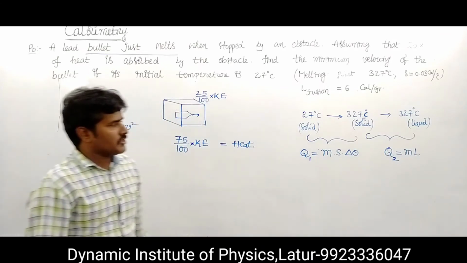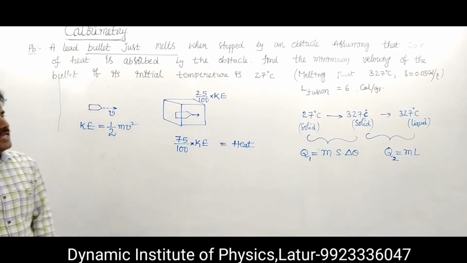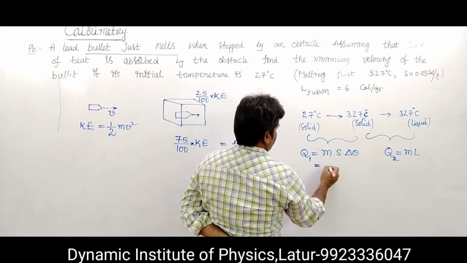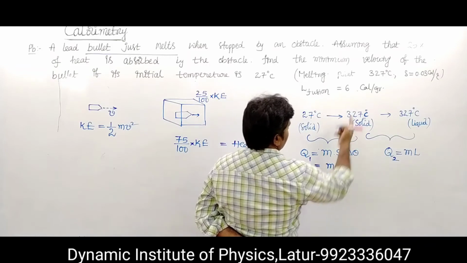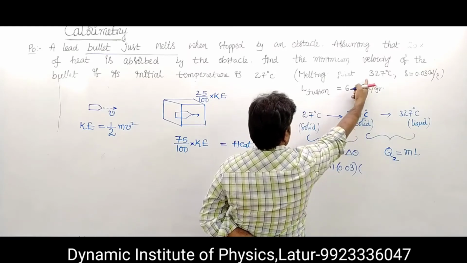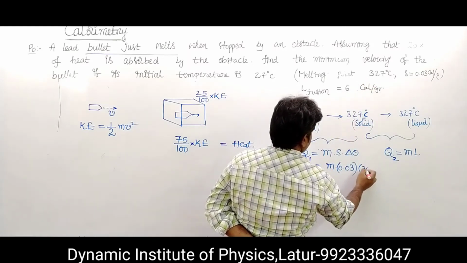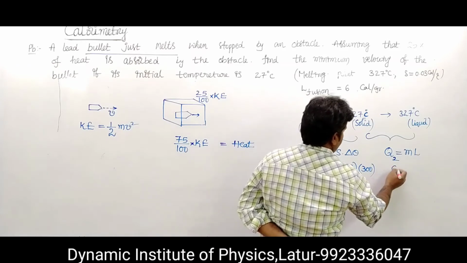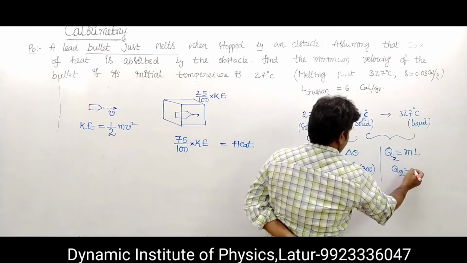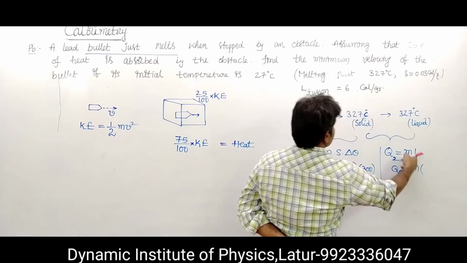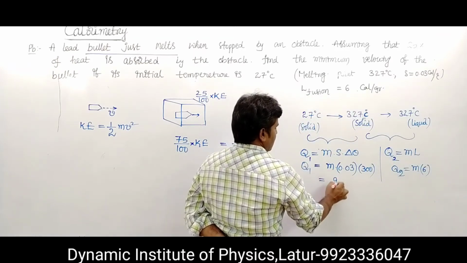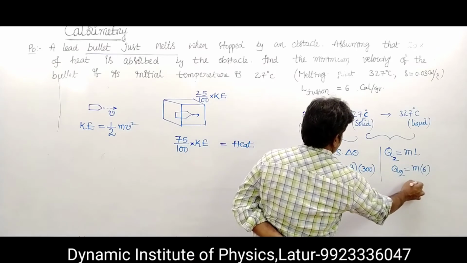The total heat equals m s delta theta plus m L. Mass of the bullet m into the specific heat of the material 0.03 into the temperature change of 300 degrees centigrade gives Q1 equals 9m. Q2 equals m into L, with L equal to 6, so Q2 is 6m.